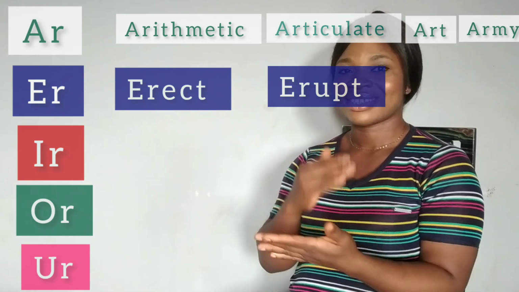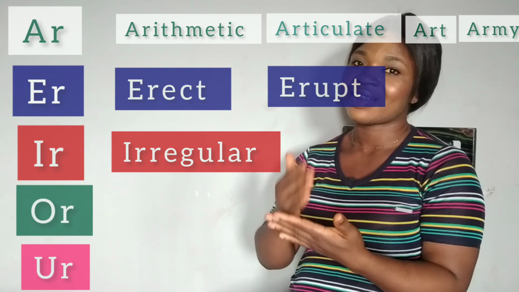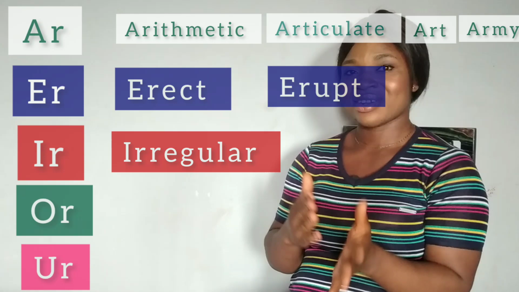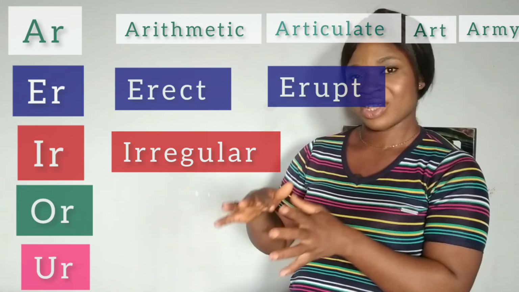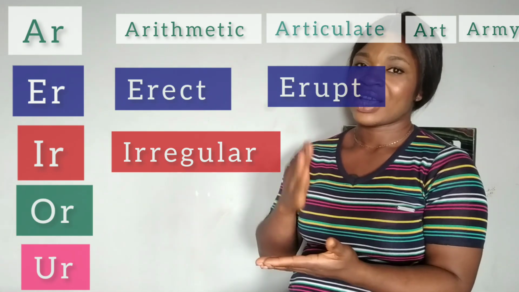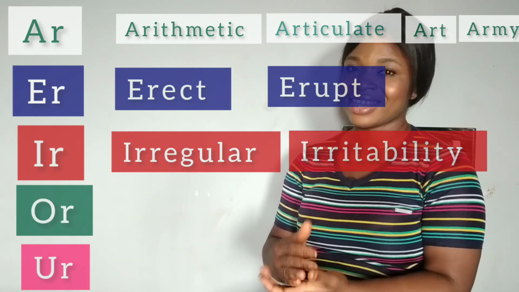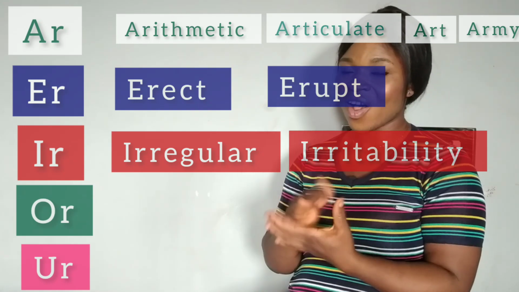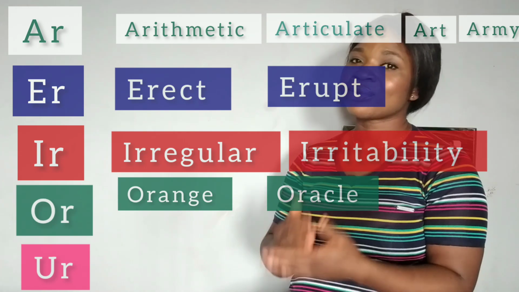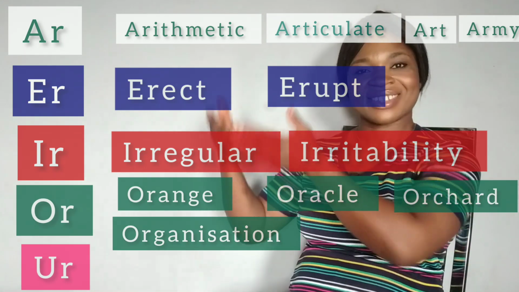Now the next one, the IR, we have the irregular, okay? Fix up the remaining ones. I'm just going to be giving you 1 or 2 here. I would have left the whole of this one for you to do, okay? But I want us to irritability, add yours, okay? Now the next one, the OR, we have orange, oracle, orchard, organization. Fix the rest, okay?